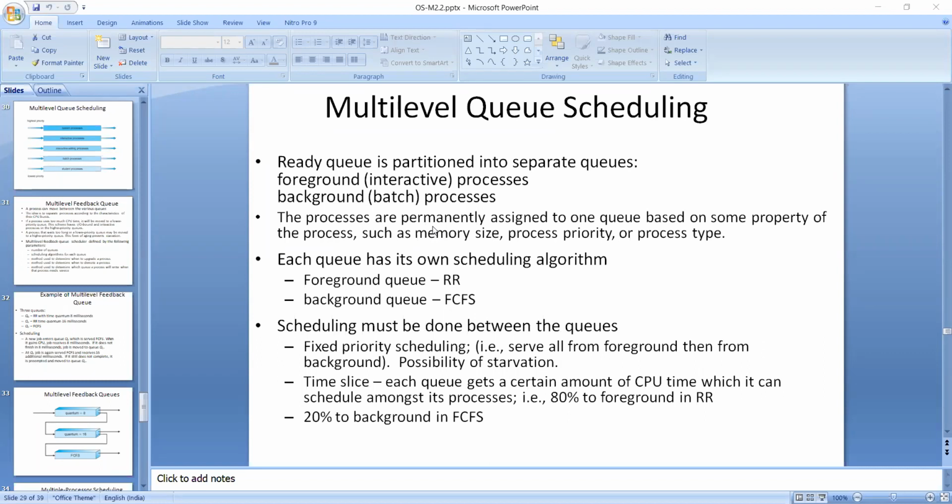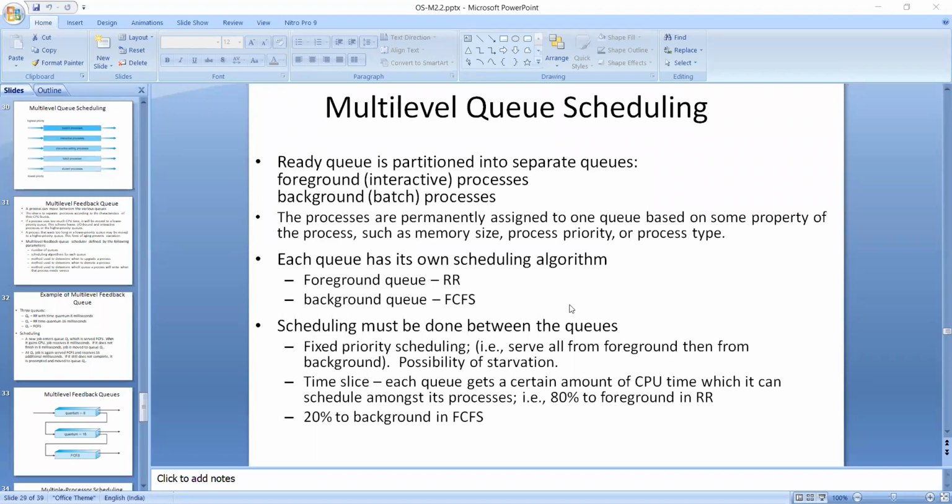The foreground queue might be scheduled by using the round robin algorithm, while the background queue is scheduled by using the first come first serve scheduling algorithm.